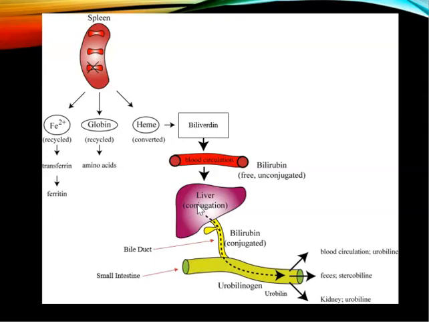From there, the conjugated bilirubin is going to leave the liver via the common bile duct, and guess where it's going to go? It's going to go to the small intestine, where the normal flora of the bacteria in the small intestine is going to break it down to urobilinogen, and then it's going to be turned into urobilin, and then it can be either reabsorbed or excreted from the body.